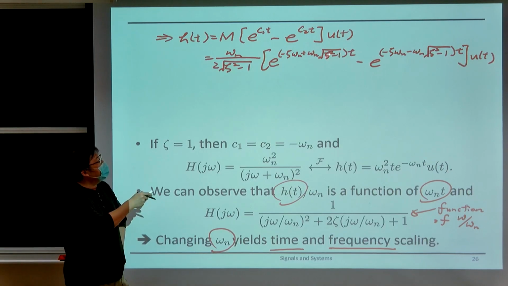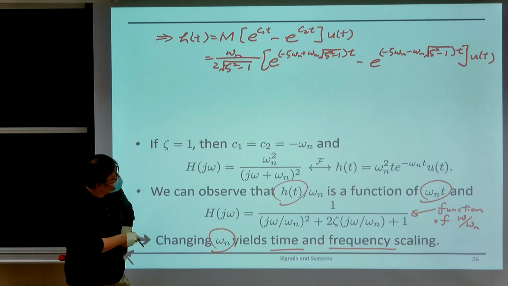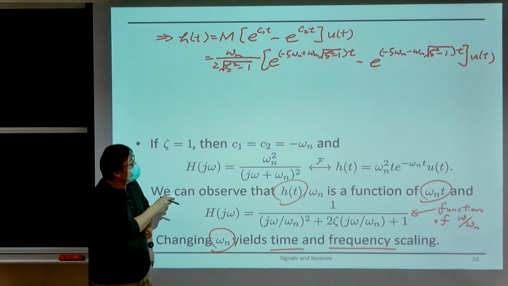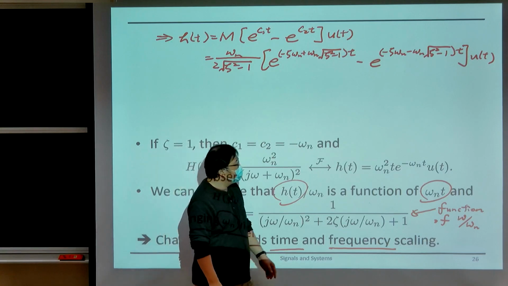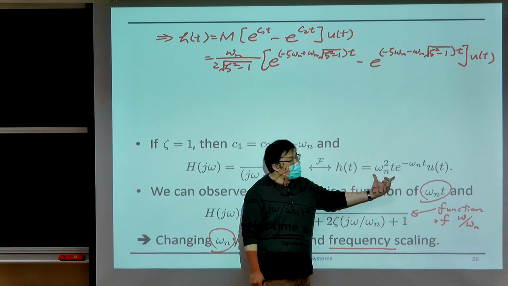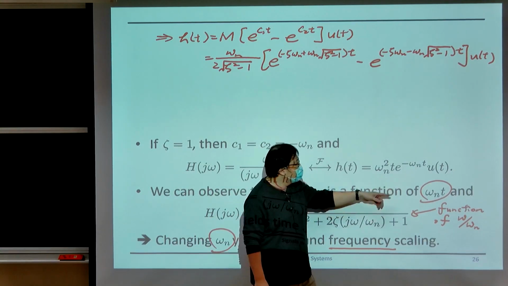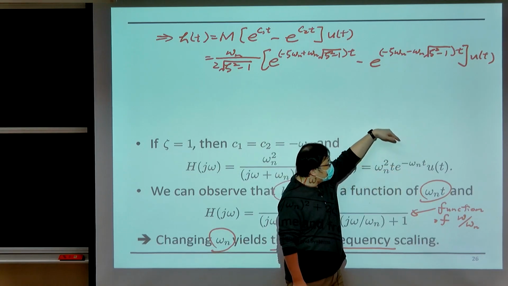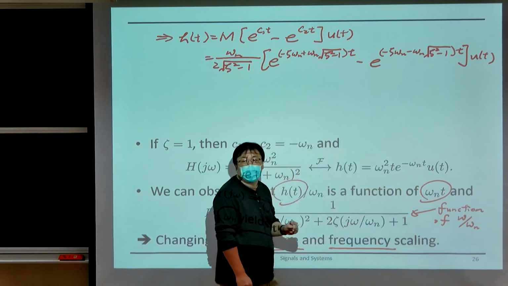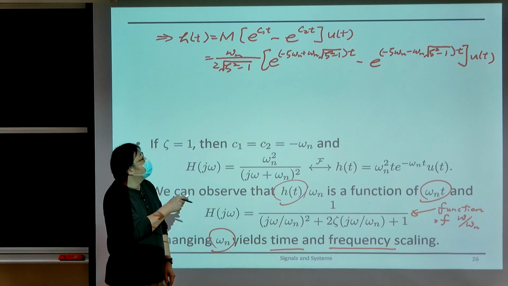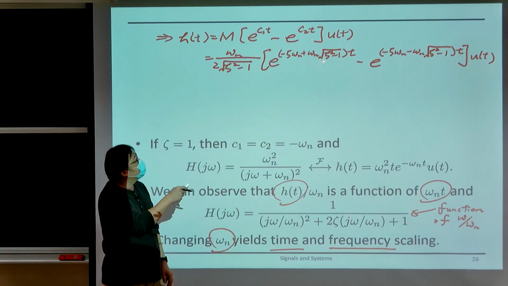Now, if zeta is equal to 1, okay. So if zeta is equal to 1, we get a signal like this, okay, which just decays smoothly over time.